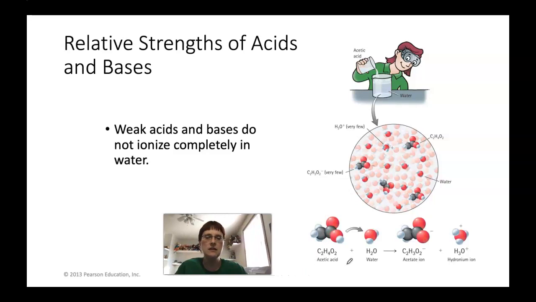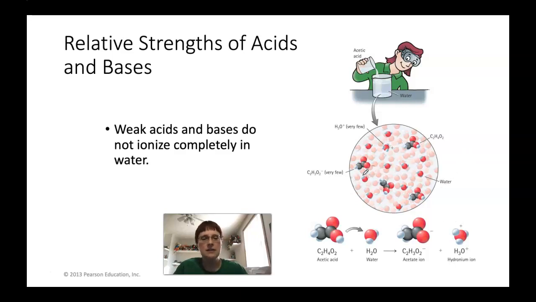So acetic acid, which is vinegar, is a weak base, or I'm sorry, a weak acid. The reason why is it's still going to donate a proton, or hydrogen, so it's still going to give up this hydrogen right here. It's going to become an acetate ion, and we're going to get hydrogens donated out. Some of them are going to become what they have listed here as hydronium ion. Basically, there are still hydrogen ions running around.